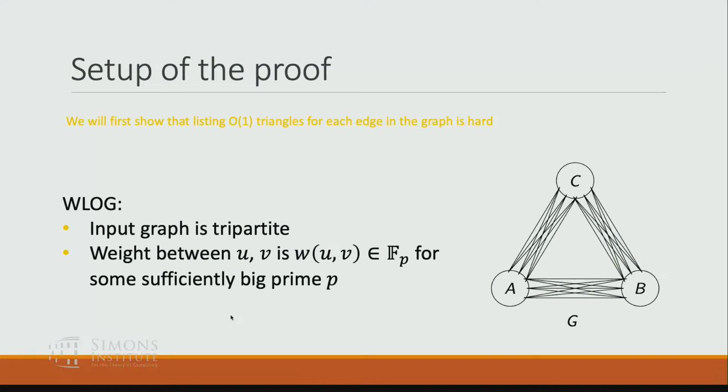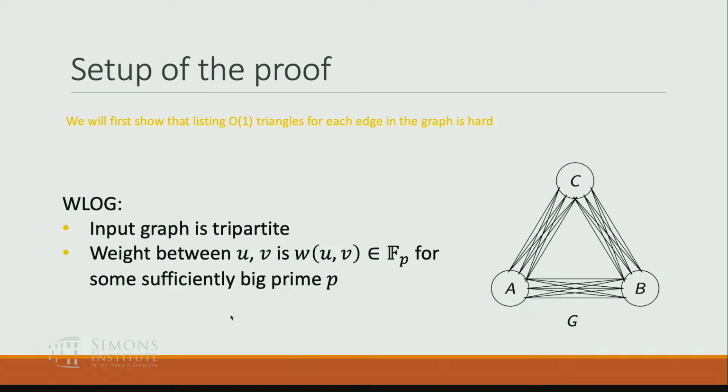And we can assume the input graph for exact triangle is tripartite. We can do this by just copying the graph 3 times, and between every pair of copies, we add back all the original edges with the original edge weights. And each triangle in the old graph will still be present in this new graph, actually 6 times.